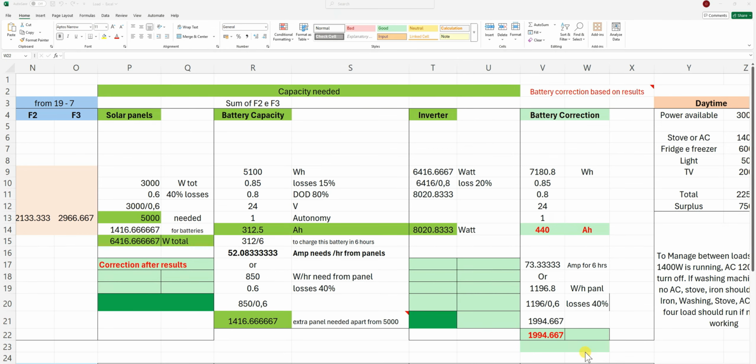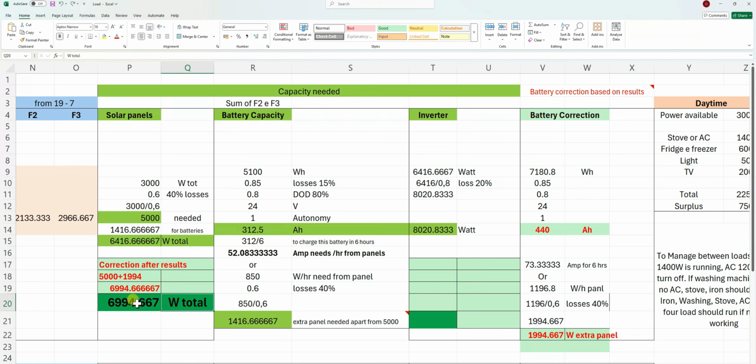So this is the extra wattage. Now come to this point. This is the 5000 that would be needed plus this value, and we are getting a 6994 total value. I mean 7000 watts of panels I would be needing to charge this battery.